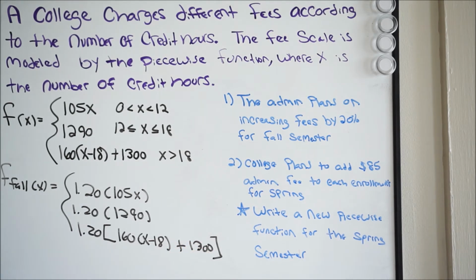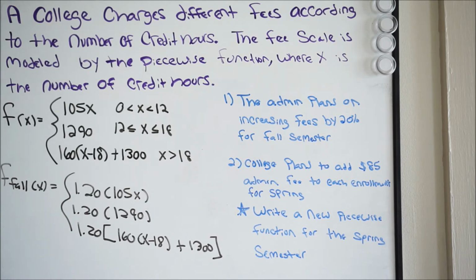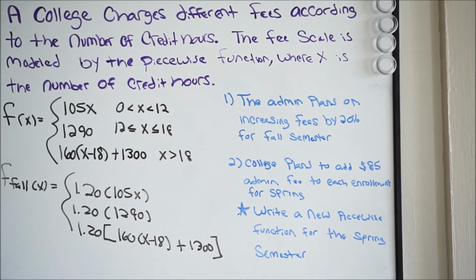And that's what we're going to have. And again, our rules will be unchanging. So I'm going to go ahead and just perform these operations. All you're going to do here is 1.20 times 105, and you're going to get 126 here. So I'll have 126x, and I'm going to start rewriting this, and then I will be right back.